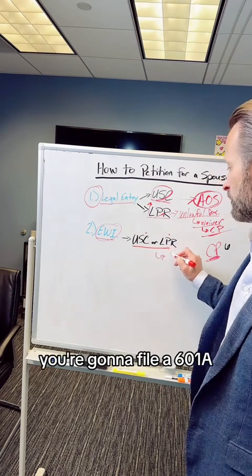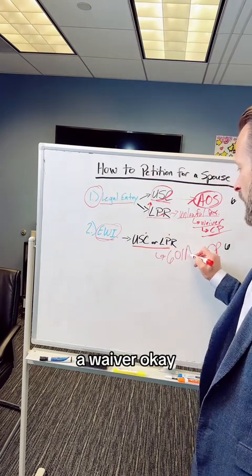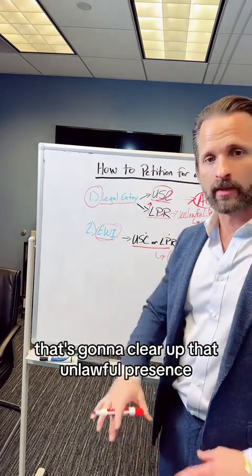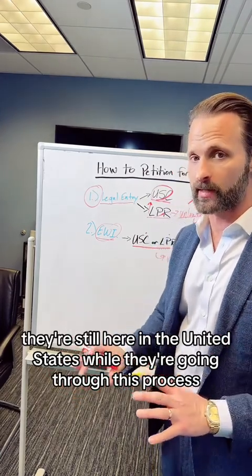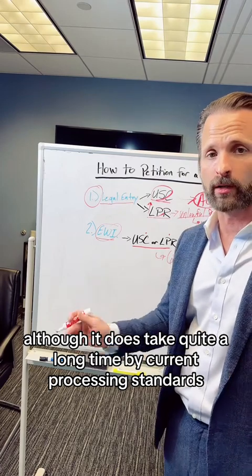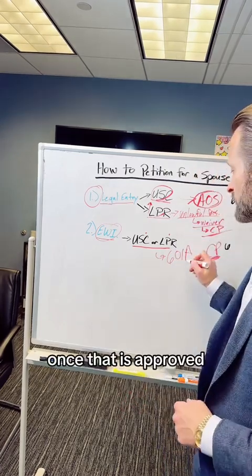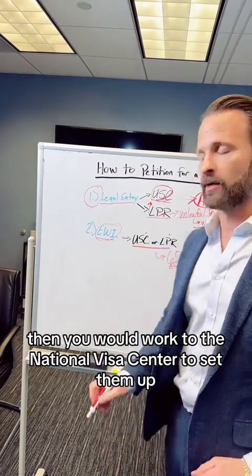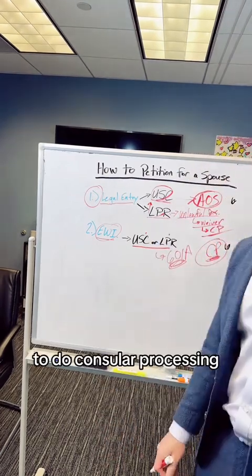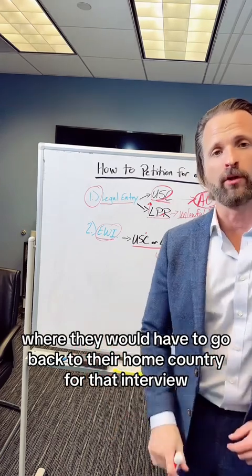Most likely you're going to file a 601A waiver. Okay, that's going to clear up that unlawful presence. They're still here in the United States while they're going through this process, although it does take quite a long time by current processing standards. Once that is approved, then you would work through the National Visa Center to set them up to do consular processing, where they would have to go back to their home country for that interview.